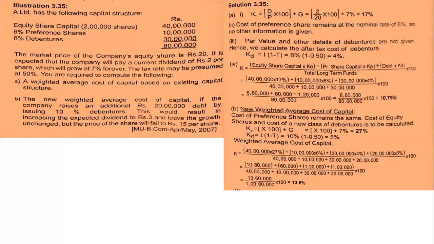So we may be getting 1 month's time. During that 1 month, definitely I will be solving all the questions of university examinations. No need to worry. Okay, in the class. Fine. So this is about the solution of the problems on weighted average cost of capital.